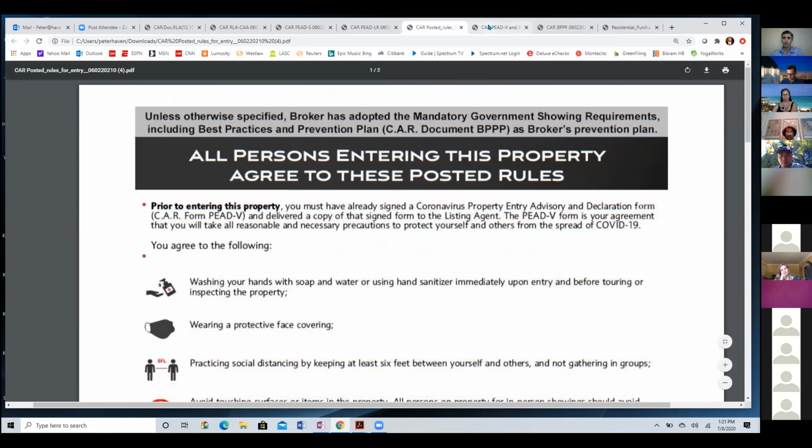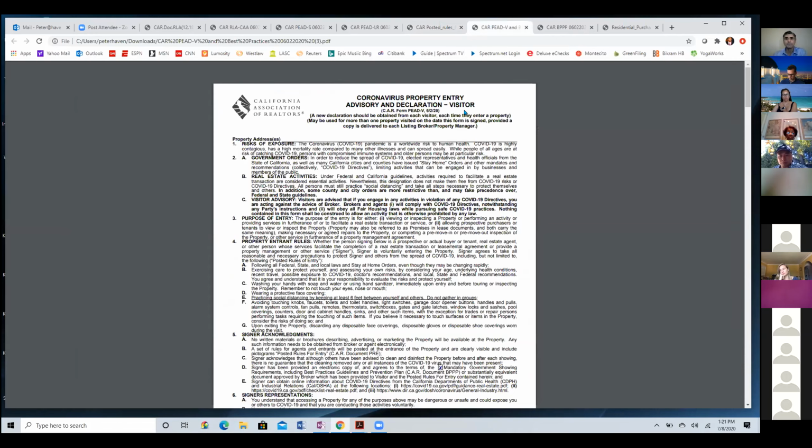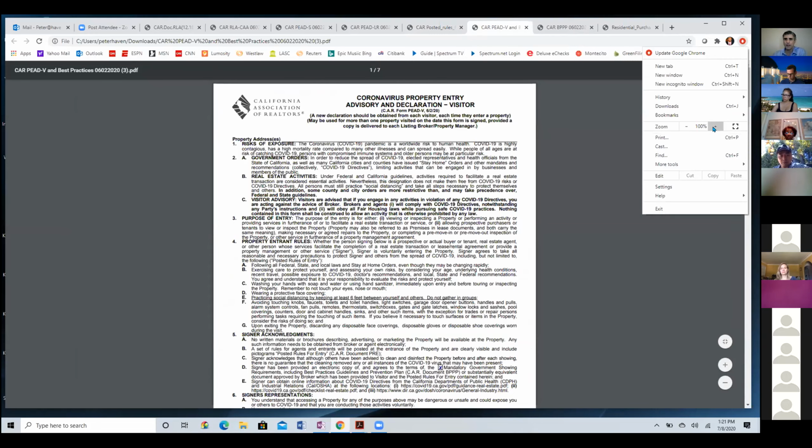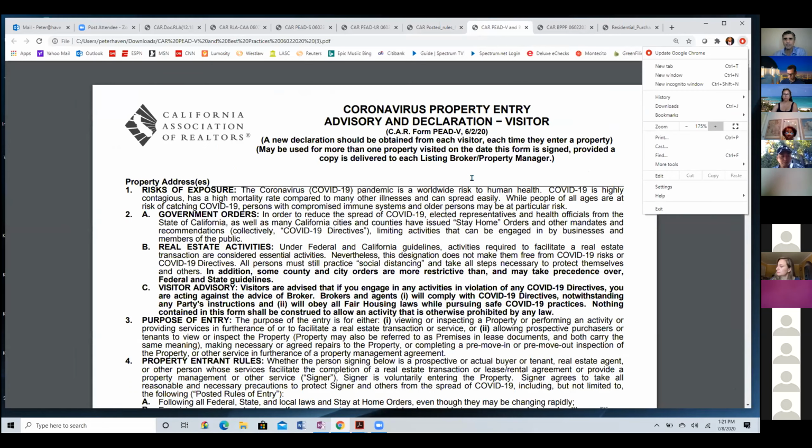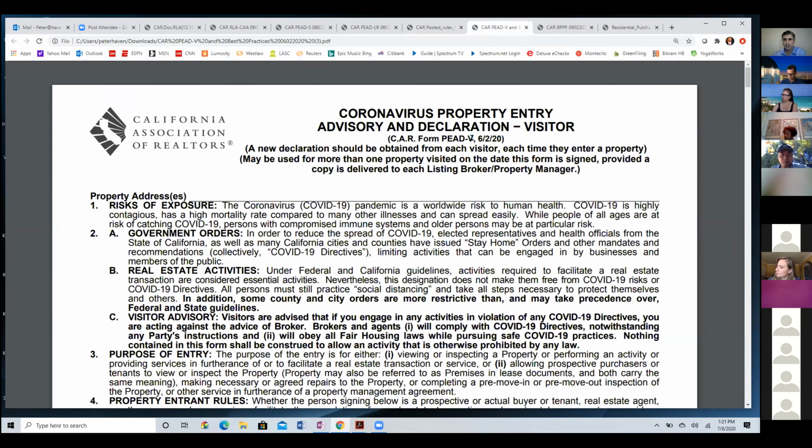Now, visitors to the property. This is probably the one that I think people deal with the most. This is the PEAD V, V as in visitor. And this should be obtained from each visitor each time they enter a property.